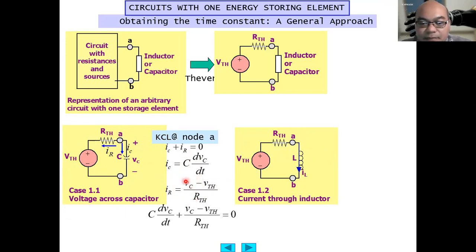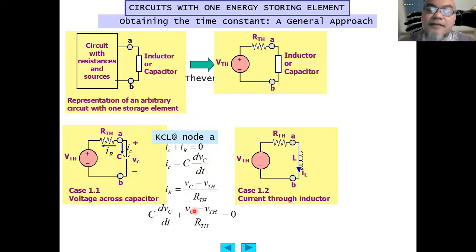Substituting these two values of IC and IR into the original Kirchhoff current law equation, we obtain C dVc/dt plus (Vc minus VTH) divided by RTH equals 0. So this is the general equation. From here, you change it further to the general form of the first order differential equation.